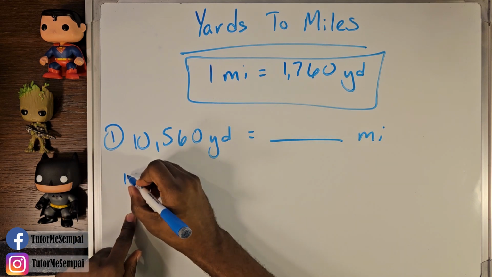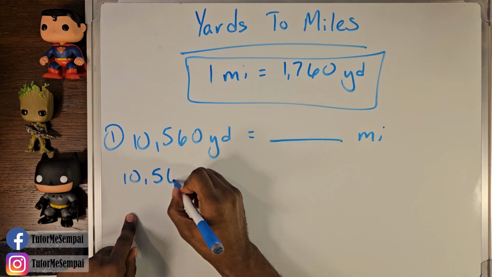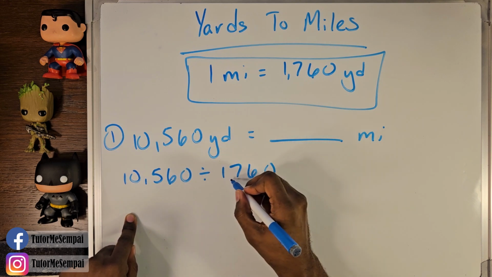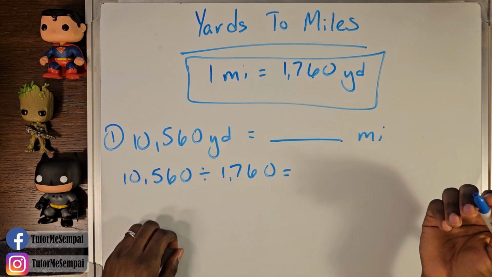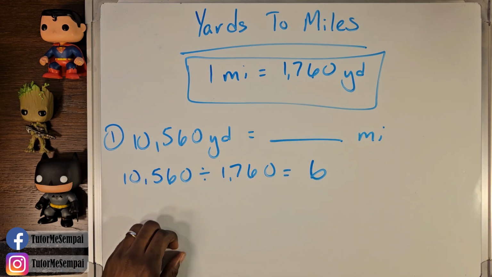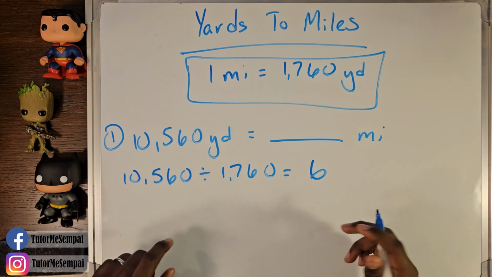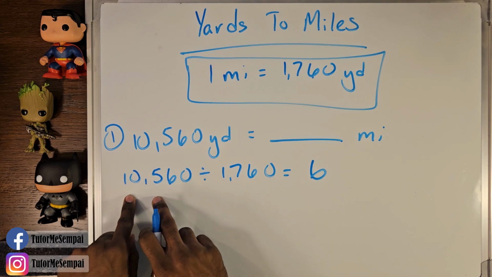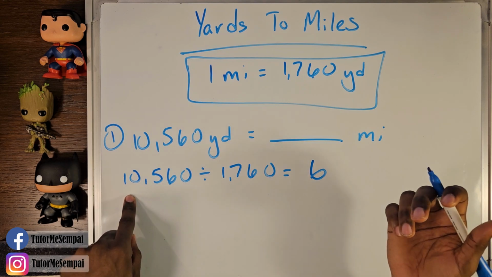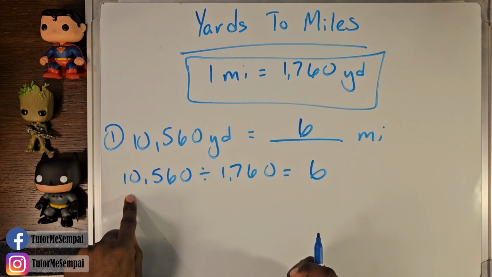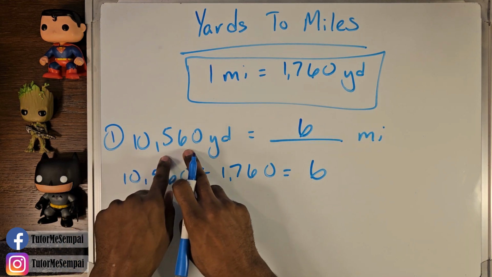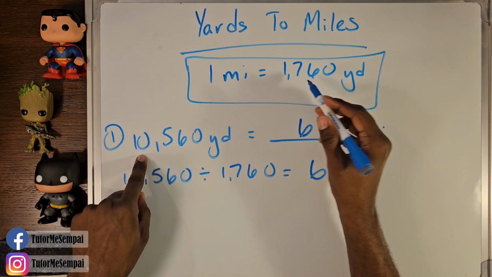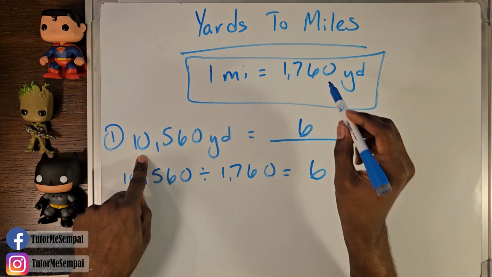So let's divide our 10,560 by 1,760. And when we do that, we will get 6. This means that 6 groups of 1,760 make up 10,560, which also means that we have 6 miles when we have 10,560 yards. All we did was divide our total yards by the 1,760 in our basic unit conversion.